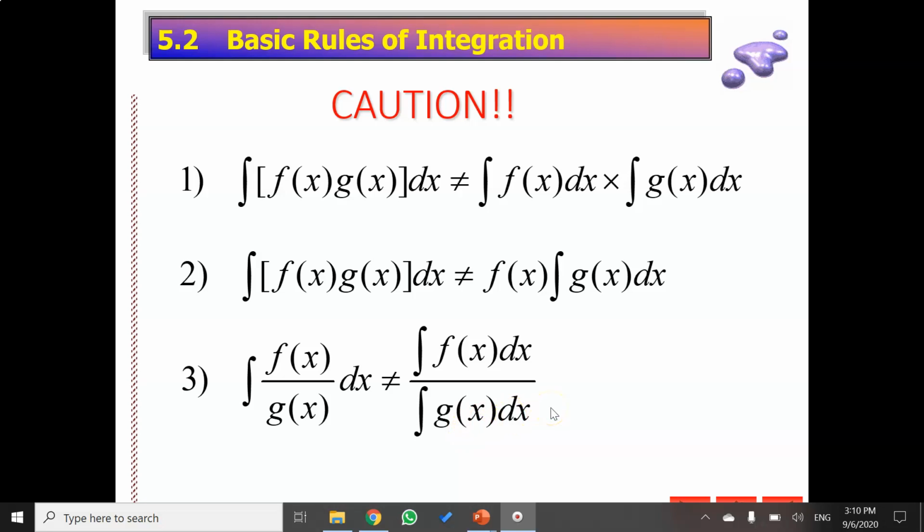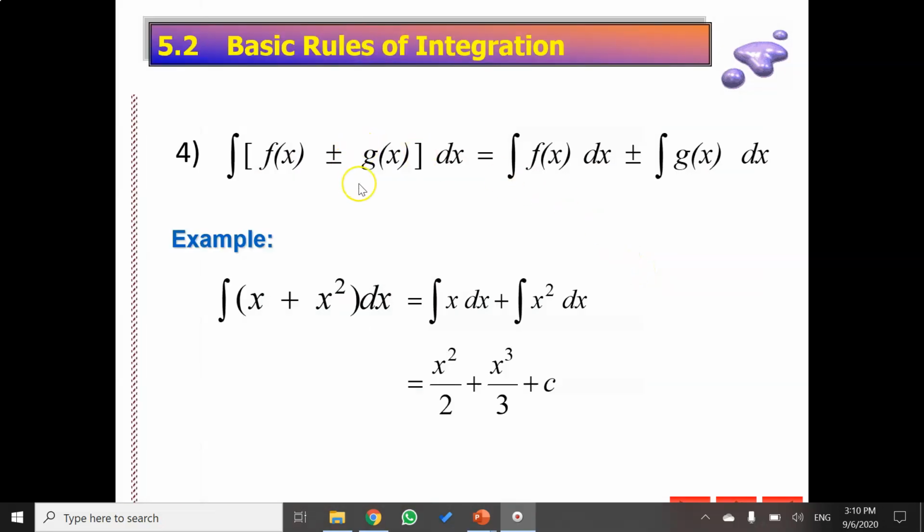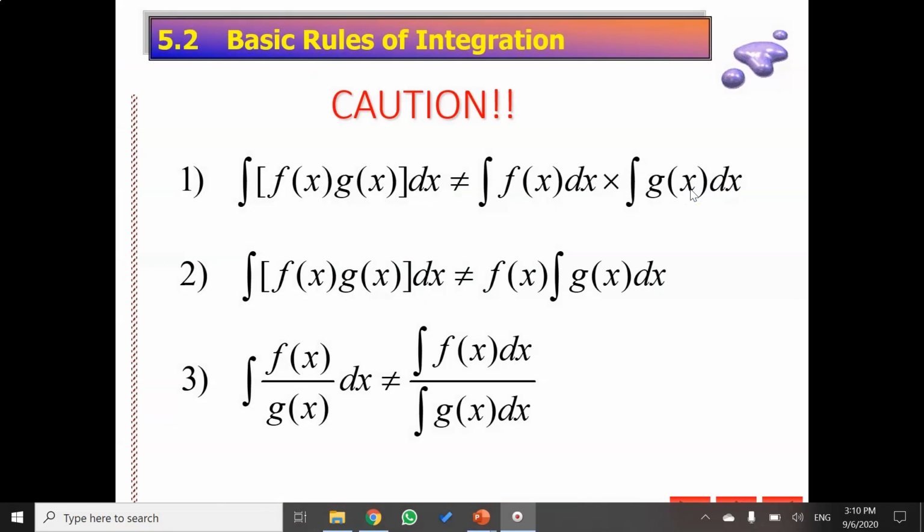This is also wrong. So remember, you can only separate it if there is a plus or minus sign, like the previous one. Only then can you separate it. Okay.